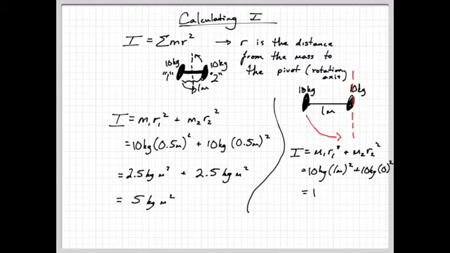So when I calculate this, I get a grand total of 10 kilogram square meters. Now compare these two. What this is telling us is it is more difficult to rotate an object about its end than it is to rotate about its center. And that's essentially how we're calculating moment of inertia.